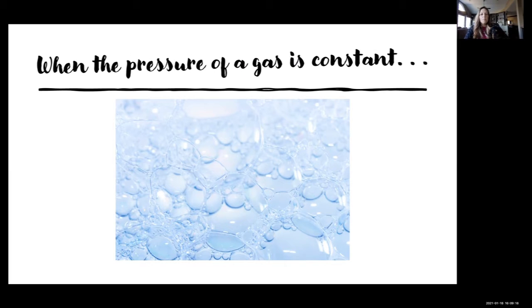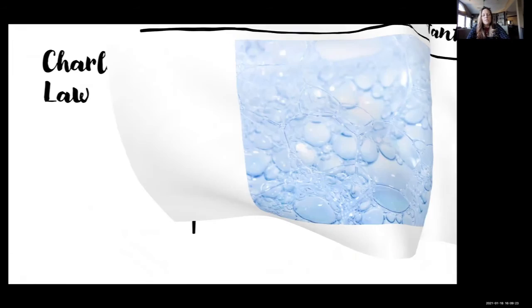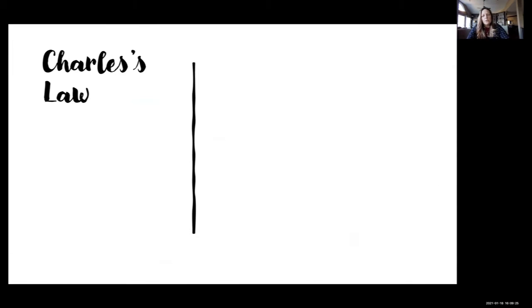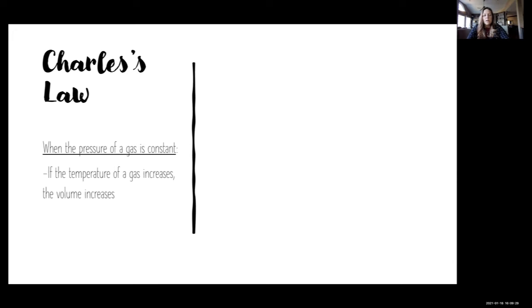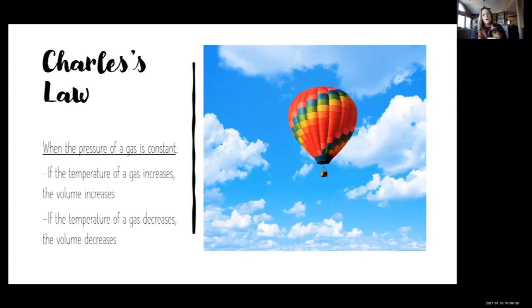So when the pressure of a gas is constant, we move into using Charles's law. Charles's law states that when the pressure of a gas is constant, if the temperature increases, the volume increases. And if the temperature decreases, the volume decreases. So think about a hot air balloon and how it works.